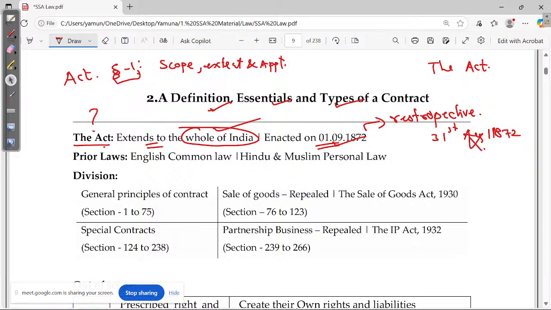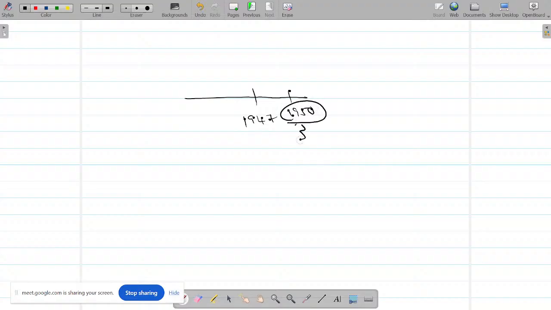Also, we need to know the background of the act, why we need this act, and so on. The prior law here was English common law, so we can easily understand from which year it is applicable: 1872. If we go to the independence background, we have 1947 and 1950, the Constitution of India, our charter document. All the things happening before 1950 are called pre-constitutional laws, and all the things after this date are called post-constitutional laws.